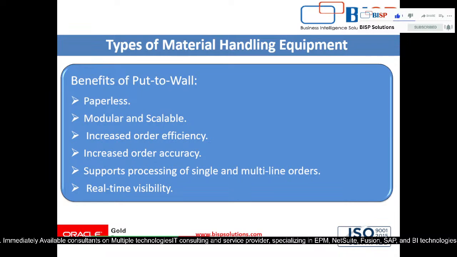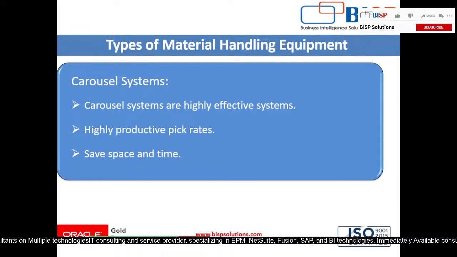Now let's move to our next type of material handling equipment, that is the carousel system, right? These carousel systems are highly effective systems which allow an assortment of products to be located and presented to an operator in a stationary location.